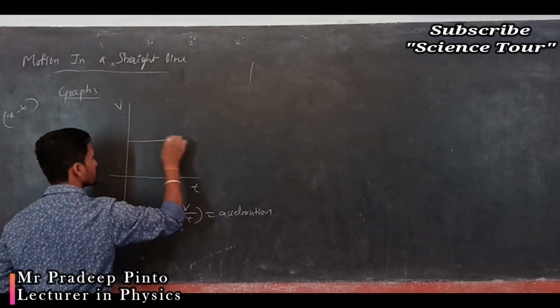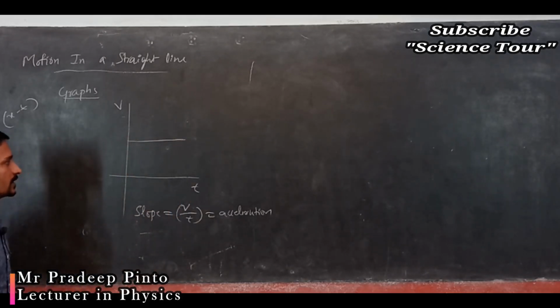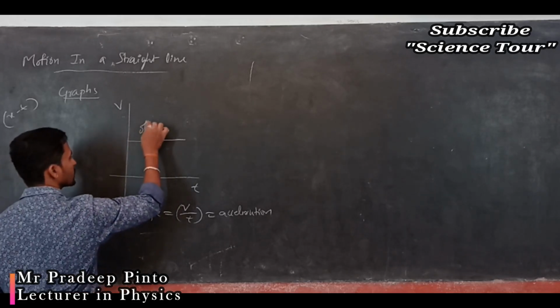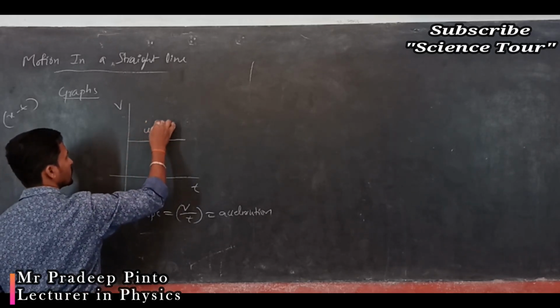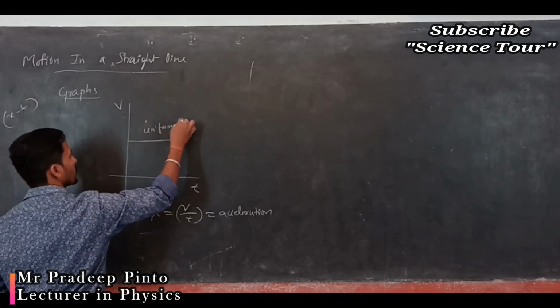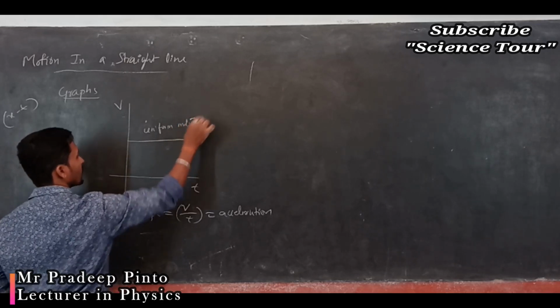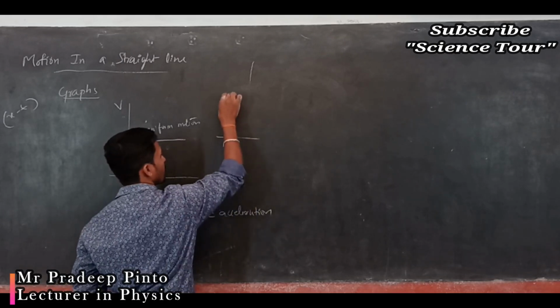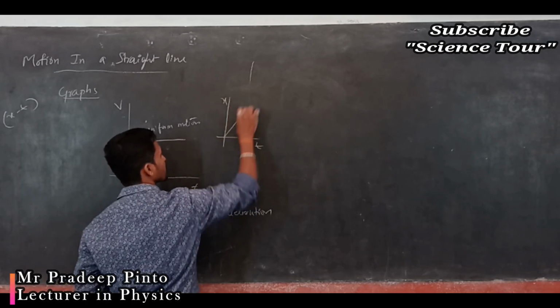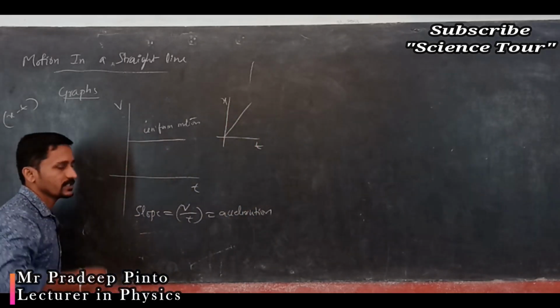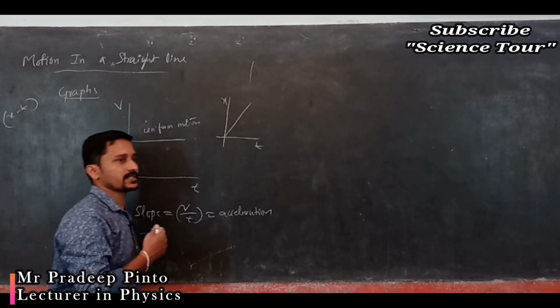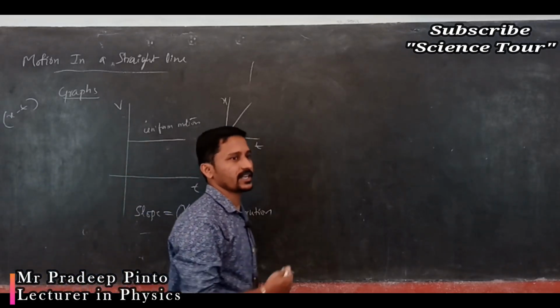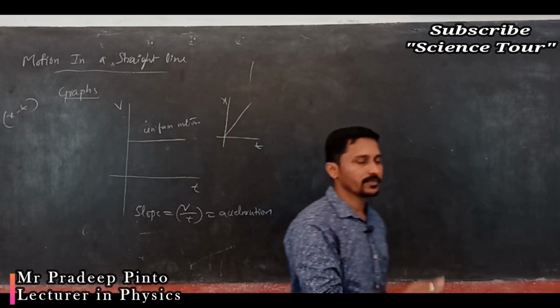Now what is this? It is an object in constant uniform motion, meaning constant velocity. In the same way, the position time graph is this. Position varies equally, 1 meter per second, again 1 meter per second, again 1 meter per second.